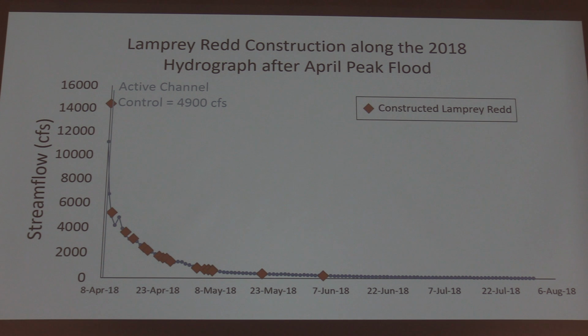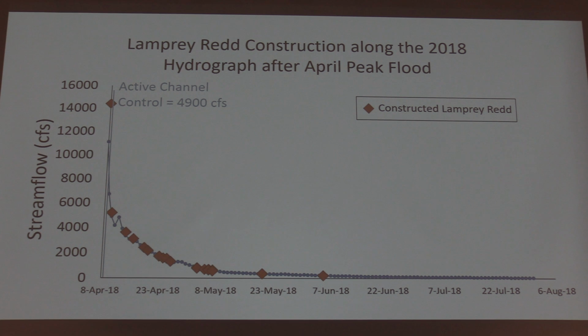For example, there were 9 redds constructed between April 10th and 26th earlier on during the higher flows. There were 11 redds I measured that were constructed between early May and early June, around 1,000 to 200 CFS. And then there were none constructed after early June or anywhere less than 200 CFS.